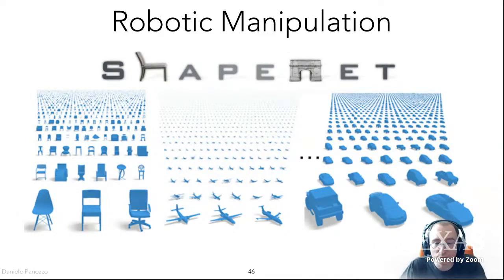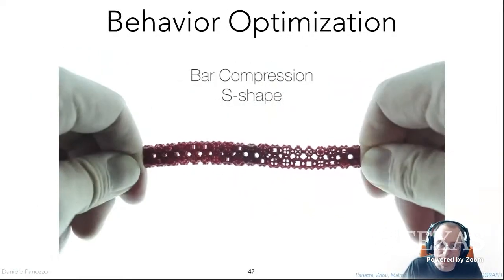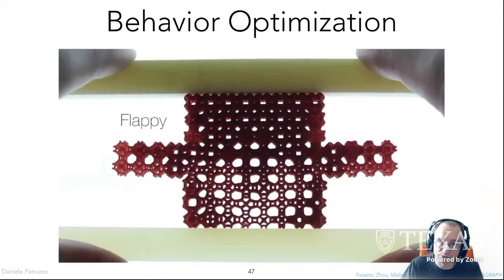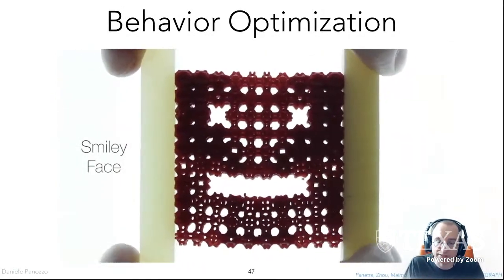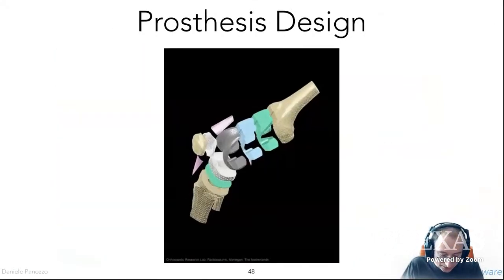And you simply need to be able to do this automatically. You cannot expect some human to spend hours on every model just to make sure that it goes through. Other things that are interesting are optimizing geometry so that it deforms in specific ways, so that you can have mechanisms that are built in the material instead of having them done explicitly.